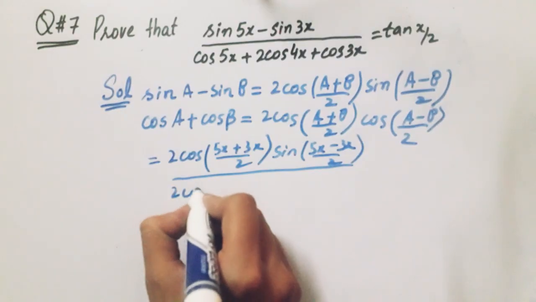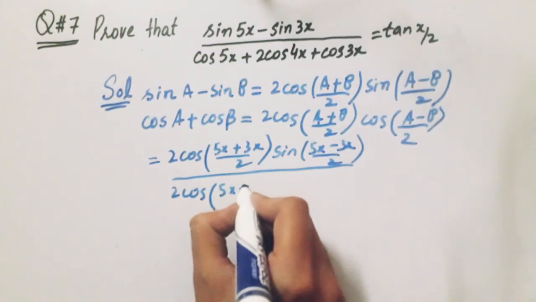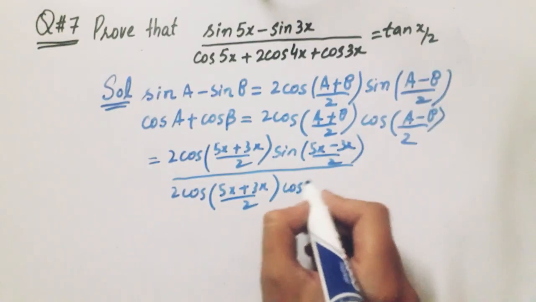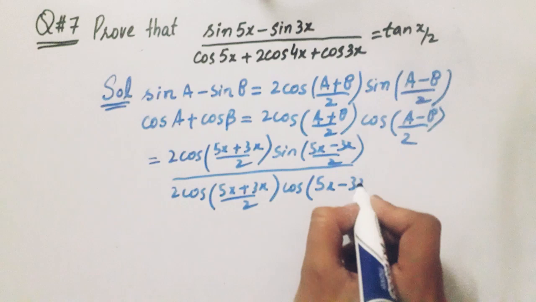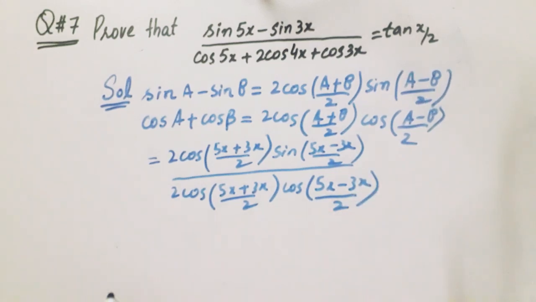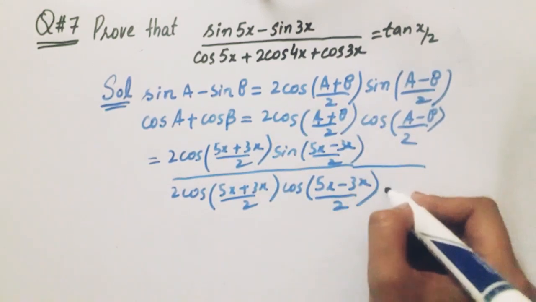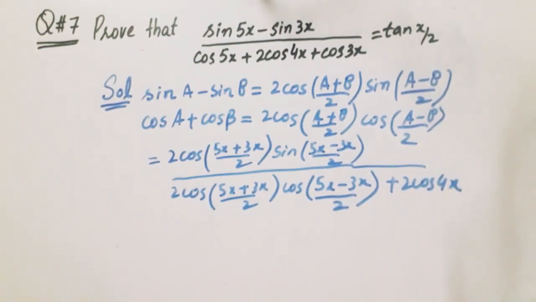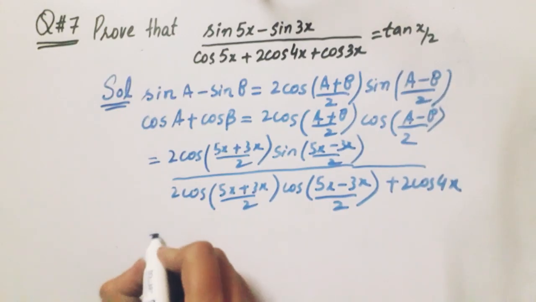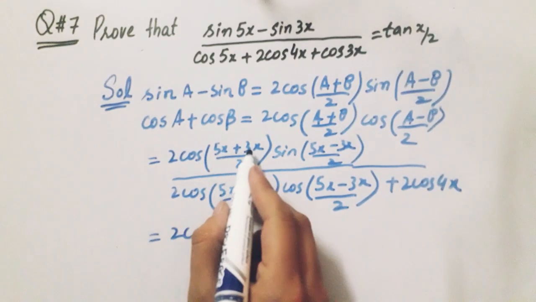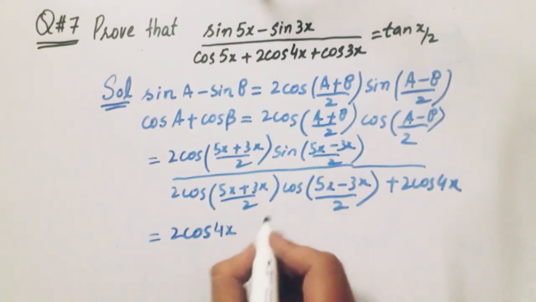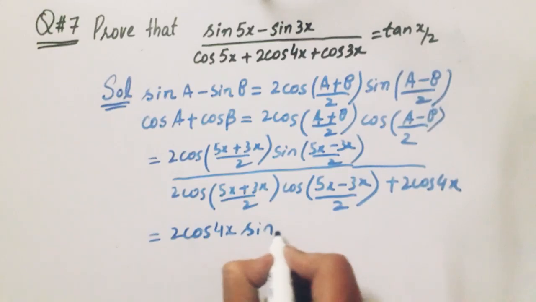So 2 cos of 5x plus 3x divided by 2 and cos 5x minus 3x divided by 2. And then the remaining is plus 2 cos 4x. Now by simplifying this, you will get 2 cos, 5 plus 3 is 8, 8 divided by 2 is 4x, 5 minus 3 is 2, 2 divided by 2 is 1, so sine of x.